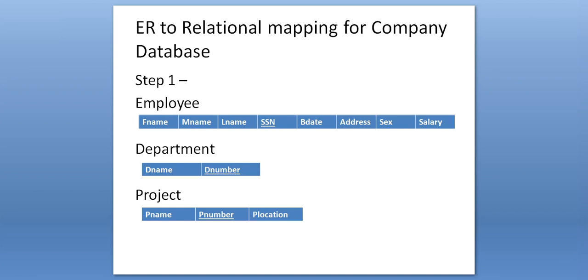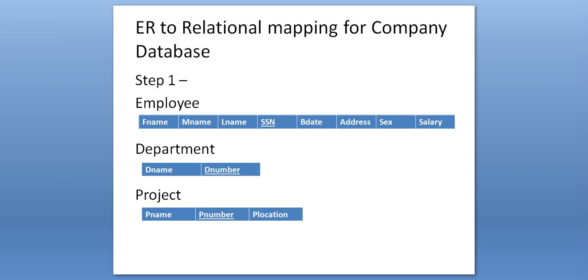Like that, we will do the same thing for the department relation also. In the department entity type, we have three attributes, isn't it? Name, location, and number. So here we have to include these attributes in the department relation.